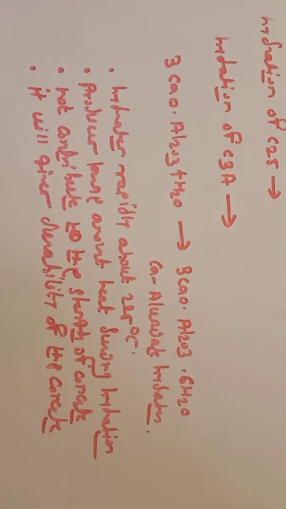Whenever water reacts with tricalcium aluminate, there is a formation of calcium aluminate hydrate. In this case, the reaction gives only calcium aluminate hydrate. The reaction does not contain calcium hydroxide, and therefore it will give durability to the concrete.